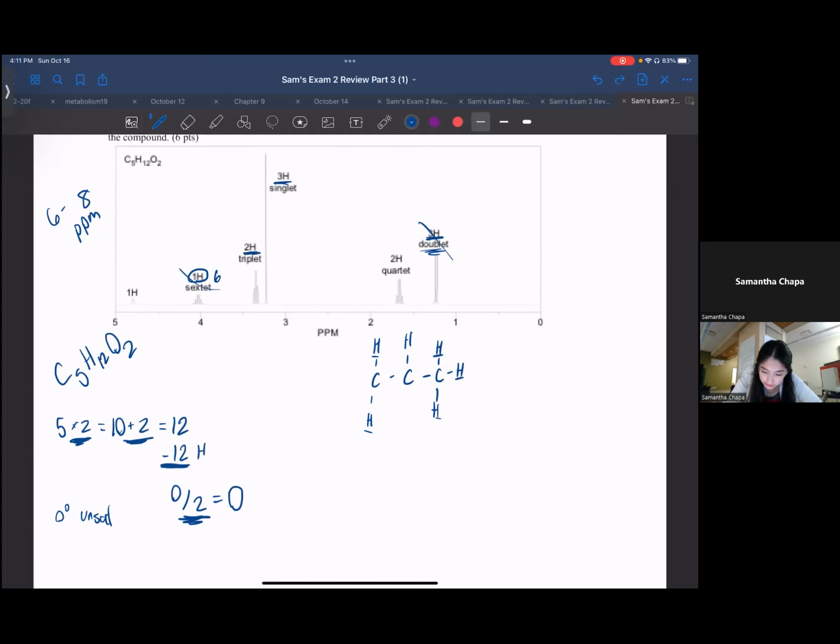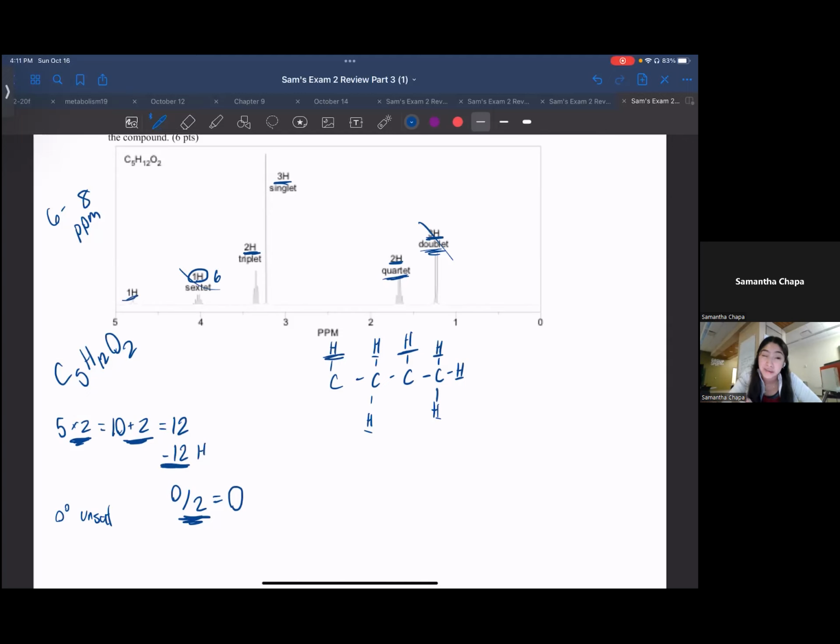I have 2 possible integrations of 2. I'm going to say it's a quartet, because that means I can keep growing it out. If I just put a triplet, it would only have 2 hydrogens as neighbors, and I already have 1 hydrogen on the right side, and if I had a second hydrogen on the left side, it would only have an integration of 1, and we have no more integrations of 1.